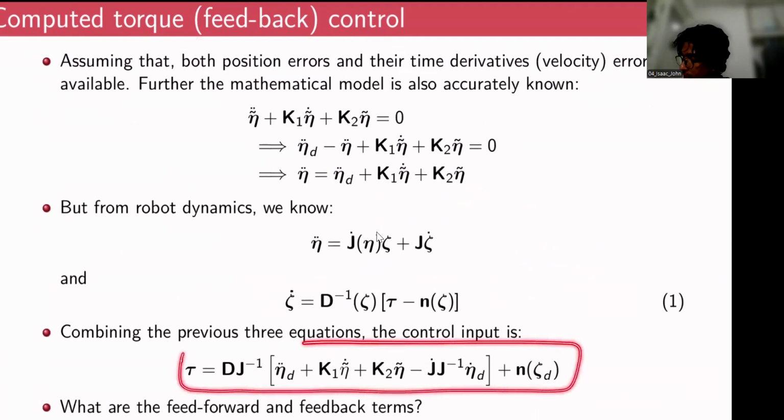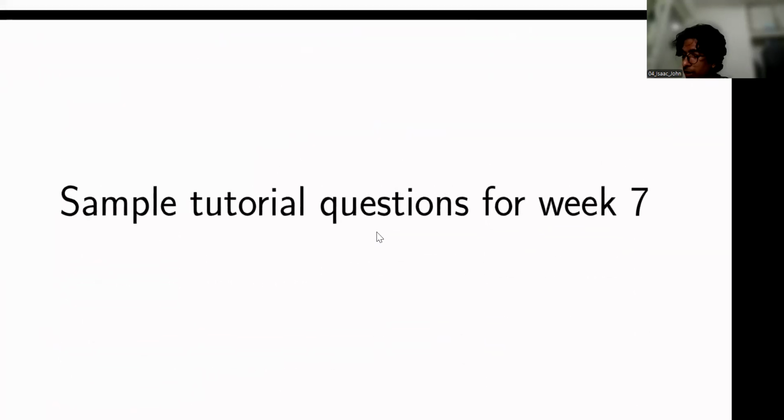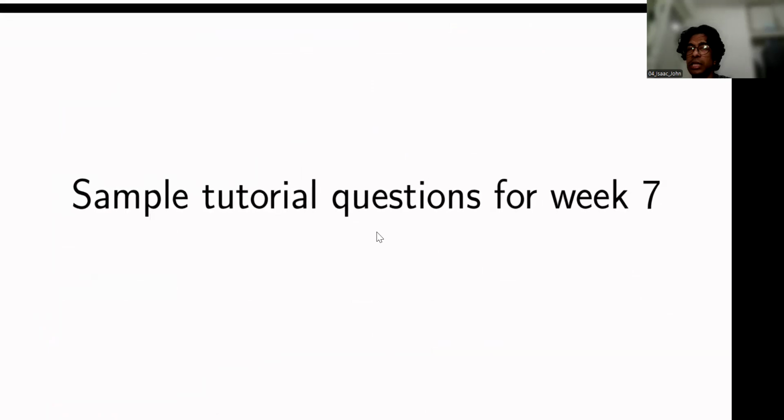This is the expression for the computed torque control, which is a closed loop scheme, because as you can see there are two tilde terms in this control law. This is the difference between the desired and the predicted velocities, and this is the difference between the desired and the actual positions. So that's about it. And now maybe we can solve some sample questions.